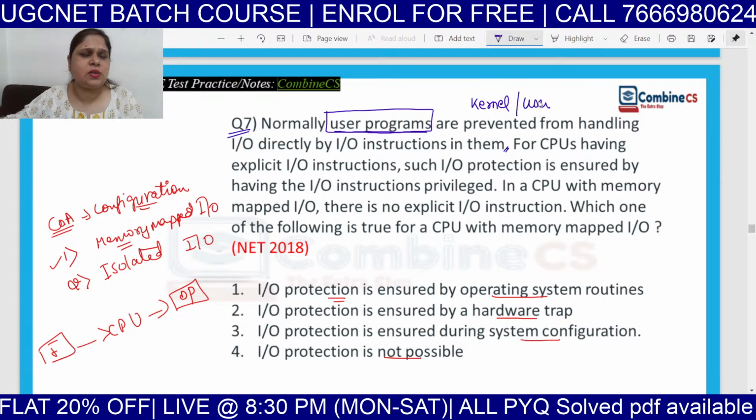There is a basic difference between kernel and user, and this is the concept of operating system. When you are communicating between different processes and threads, you have two different modes: first is kernel mode and another is user mode. So user programs are prevented from handling input output directly by input output instructions.